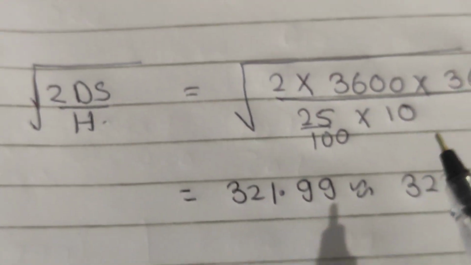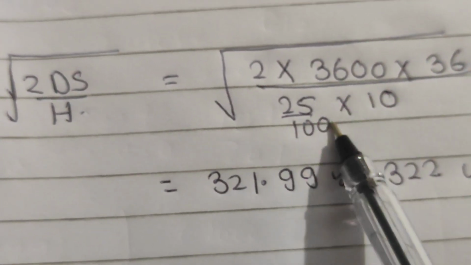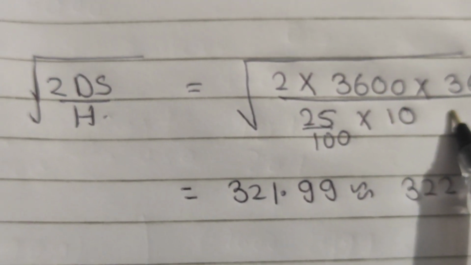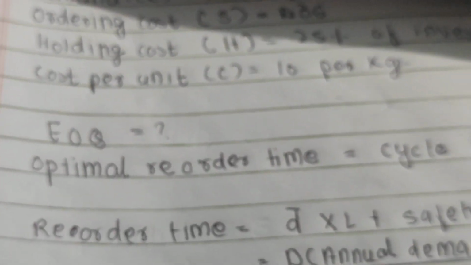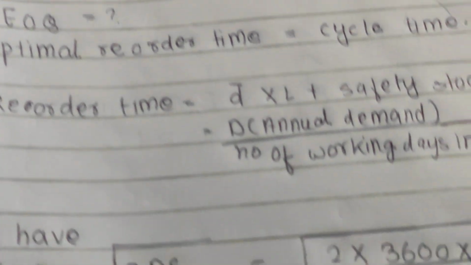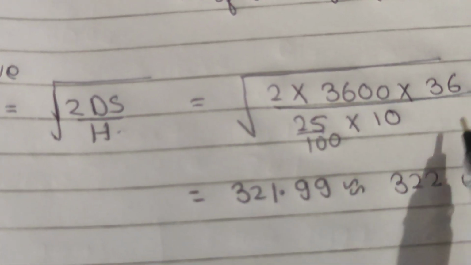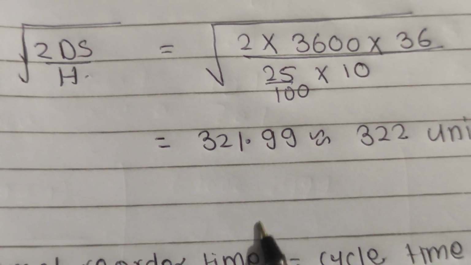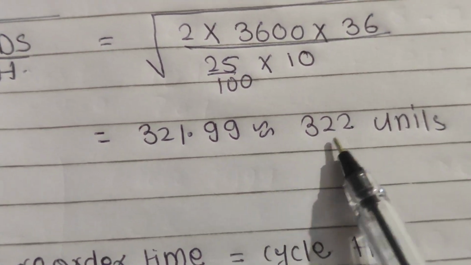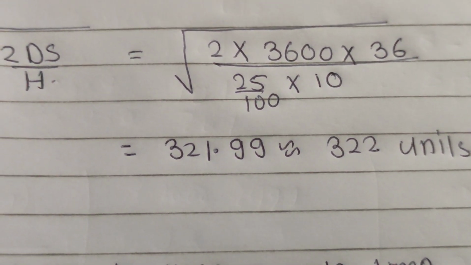So that means we can write 25% into cost per unit, which is 10. As mentioned above, cost per unit is given as 10, so we can write 25% of 10. So by calculating we get 322 units.